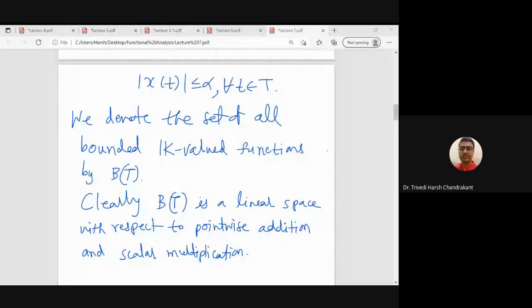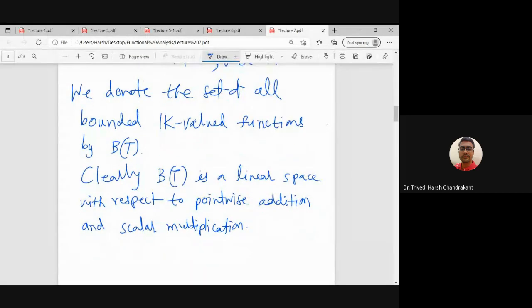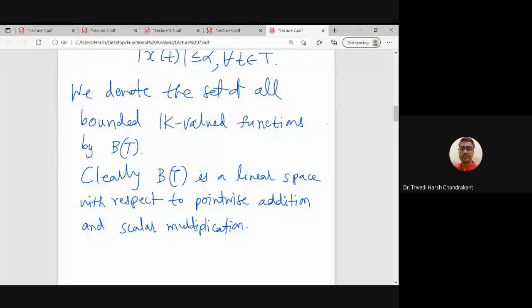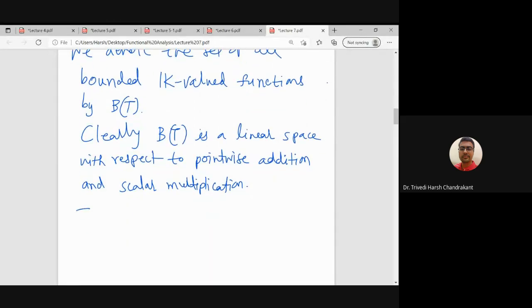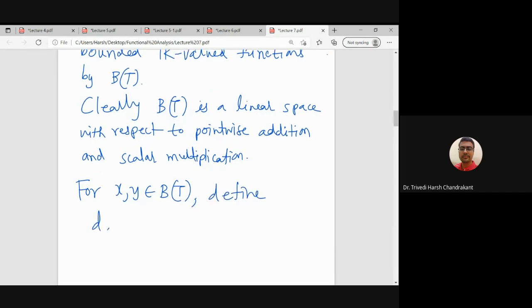So it is a vector space, and moreover, we can define a metric over this vector space. So if we take any two elements x and y in B(T), that is, bounded functions on T, we define the sup metric, the infinity metric of x and y. It is defined as the supremum of modulus of x(t) minus y(t).